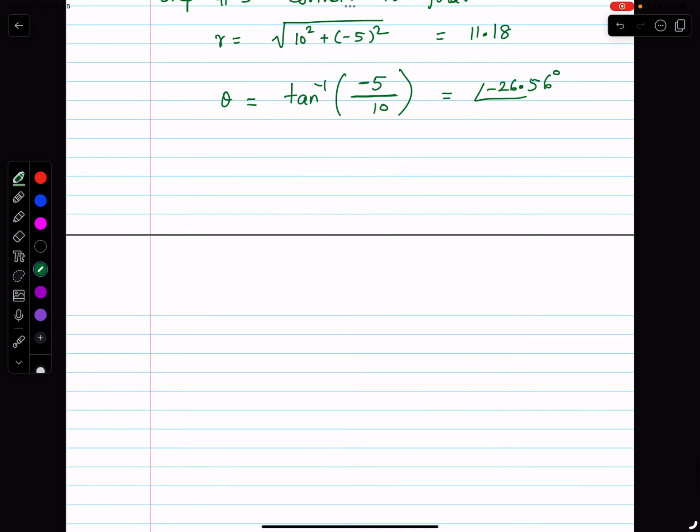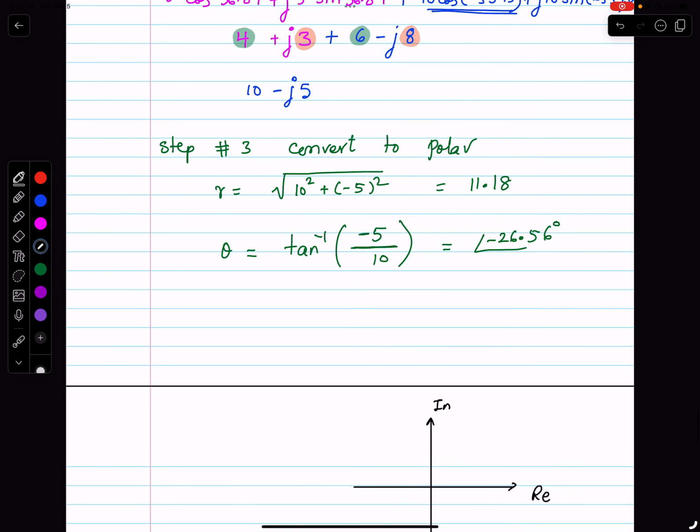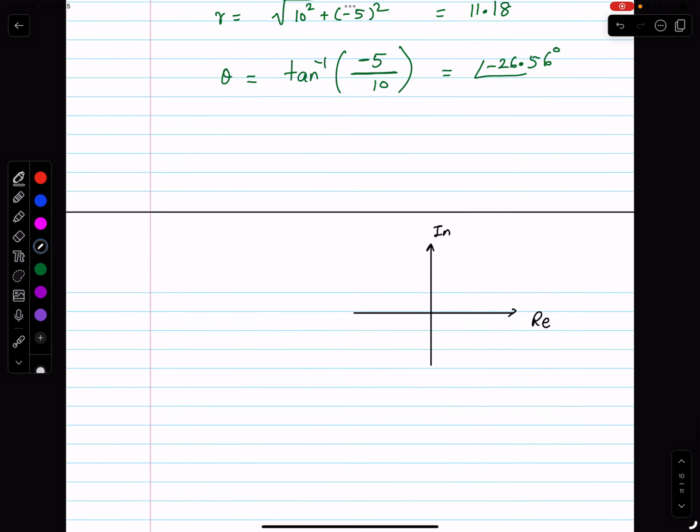Let me explain. For example, I have my Cartesian coordinate like so. Here is my real part. Here is my imaginary part. Where is this real part of 10 and imaginary part of negative 5 going to be?